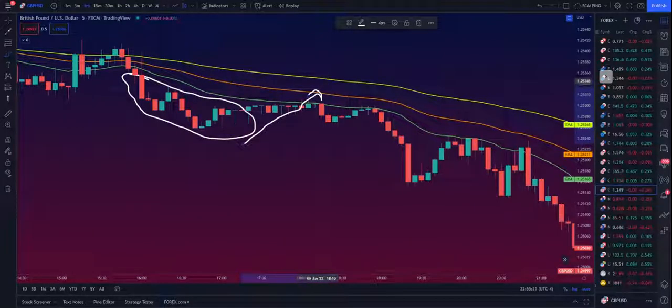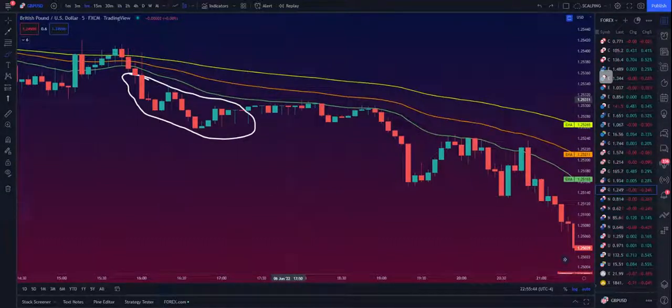Because then, as long as it doesn't cross that and close outside of that, we're fine. But we need it to bounce back outside those moving averages. So it comes in here, tests the 25 a bit, crosses at one point, but doesn't close above it, hits it again.